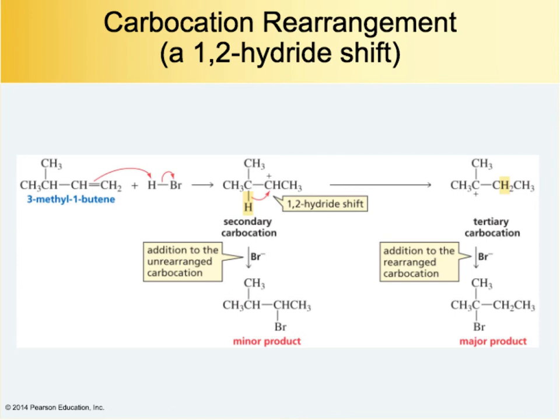And that means if there's a sigma bond 1, 2 bonds away that can move, and literally move that element, it will if it forms a more stable carbocation. So in this case, you'd have a primary, secondary, so secondary would of course be favored. But if you notice, 2 bonds away, if I move this H, I would make a tertiary carbocation.